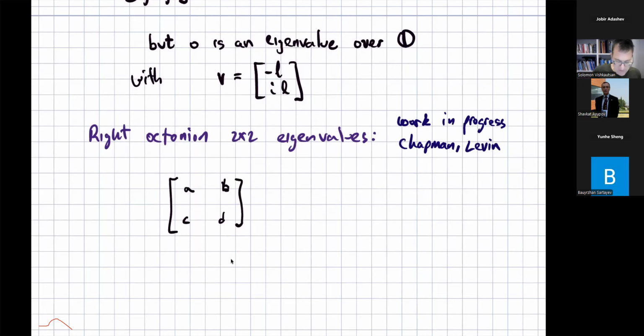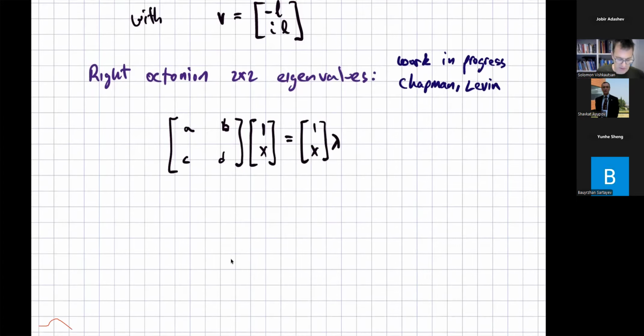So if we take an eigenvector of the form (1, x), which here we are not justified in this choice, but it's a good first guess, it works. Then we get, and lambda here is on the right this time, a plus bx equals lambda, and c plus dx equals x lambda.